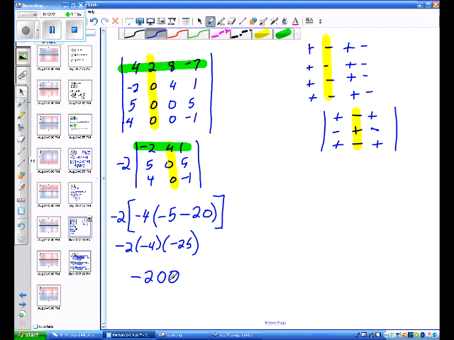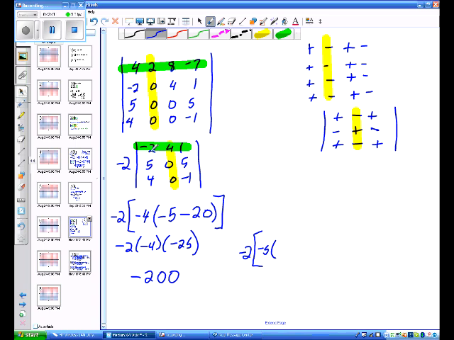Now, if we hadn't been fortunate enough to have columns that had 3 zeros or just one number and the rest zeros, then we would have had to have done a little bit more work. Suppose we had done it about this row, well, that would be our negative 2, then times negative 5.